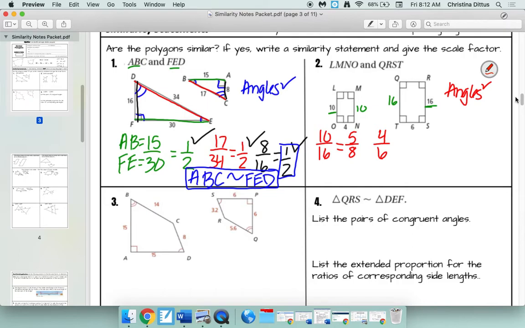No, you gotta stay consistent, otherwise you're not going to get the same scale factor. So if you do the left one first, you gotta do the left one first and the next one, okay? What is this reduced to? 2/3. Are they the same? So these two are different. So are they similar? No, they're not similar. So then we don't have to write a similarity statement.